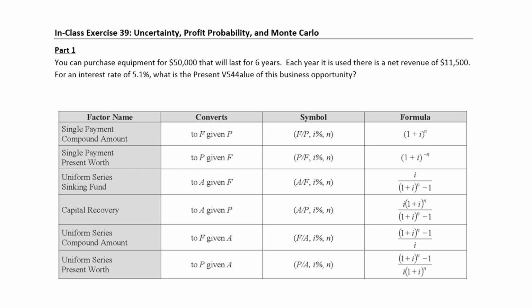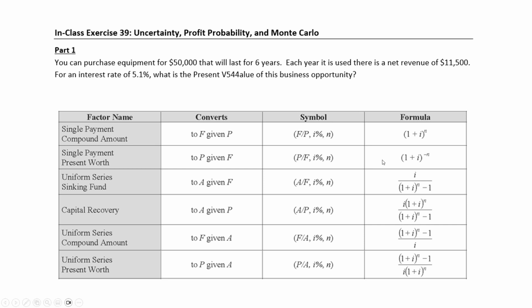We want to know the present value of a business opportunity where we can buy some equipment for $50,000 and we know it's going to last for 6 years. Knowing that, and that there's going to be a net revenue of $11,500 each year, if we have perfect certainty, what would be the present value of this business opportunity?